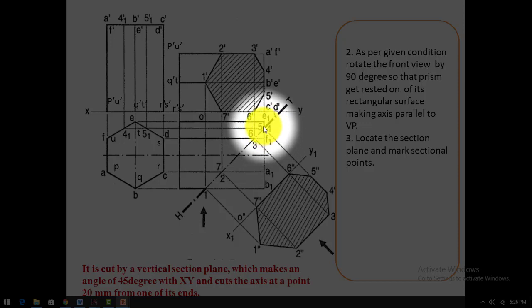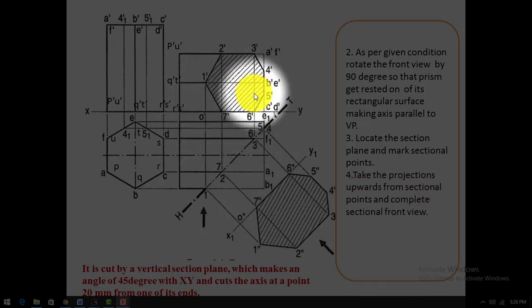One point is on the ED edge and the second point is on the EF edge.